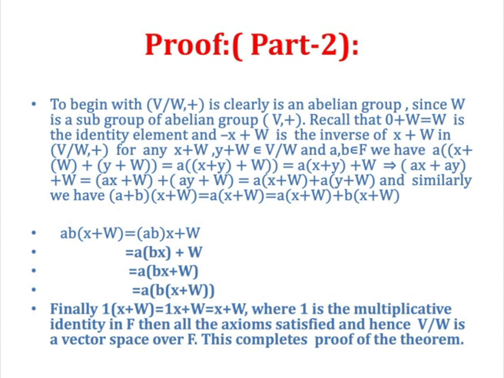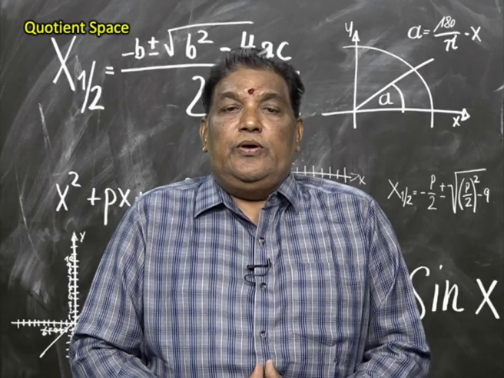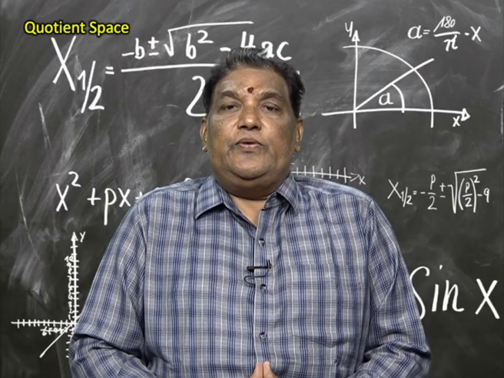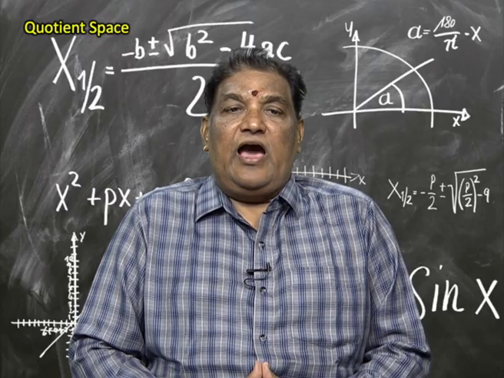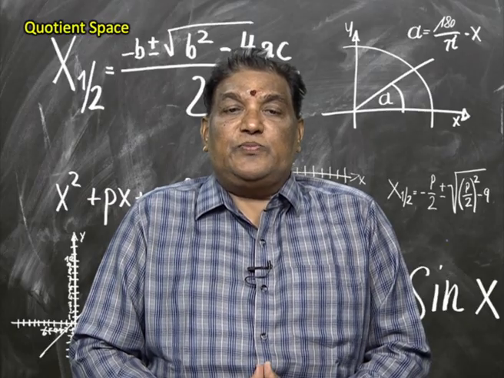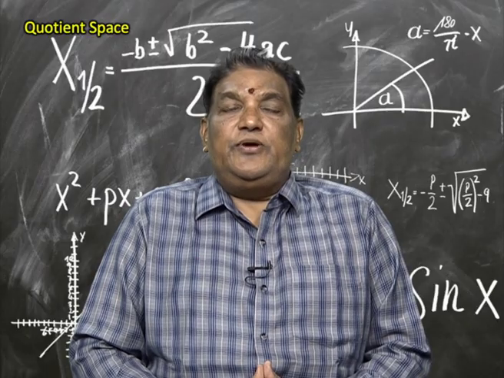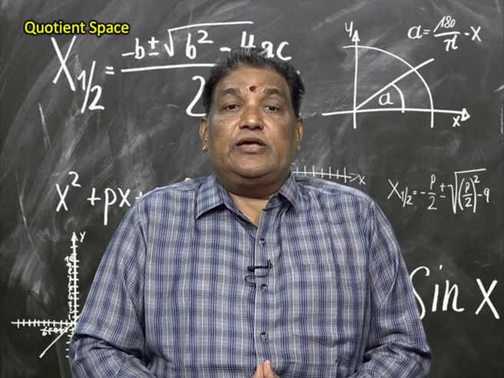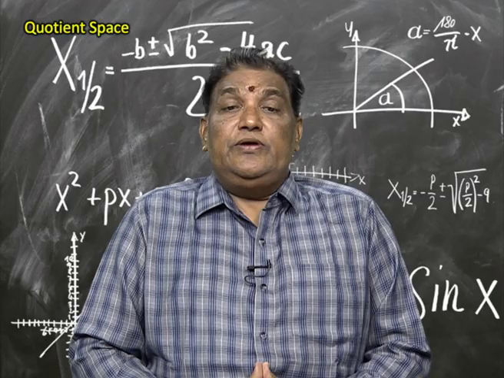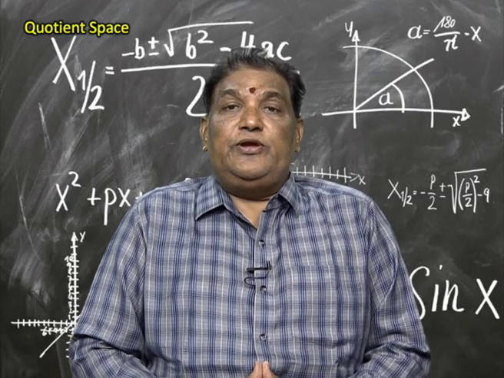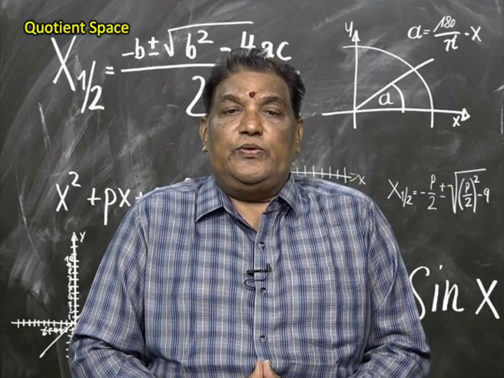This can be written as a(x + W) + a(y + W), and similarly we have (a + b)(x + W). This can be written as a(x + W) + b(x + W).